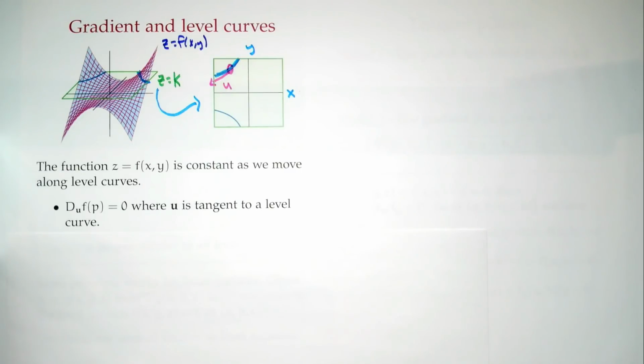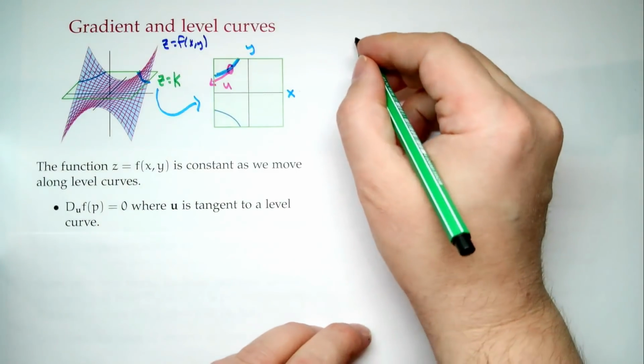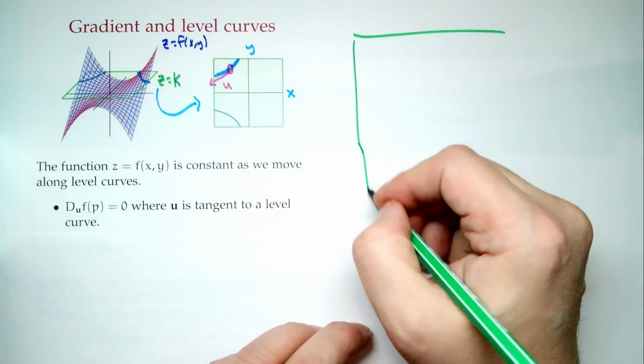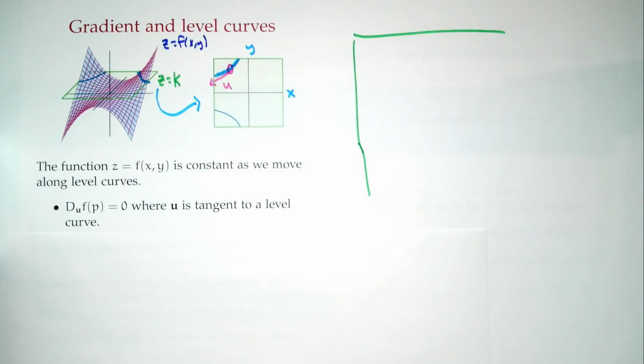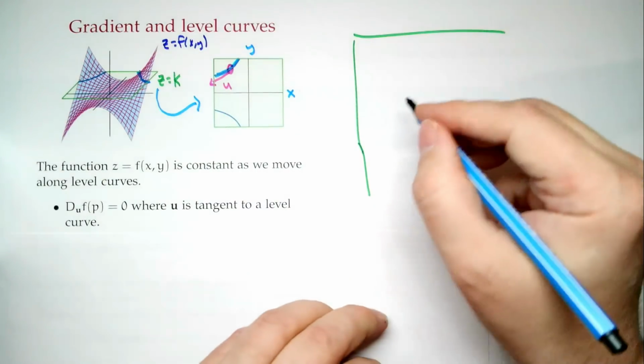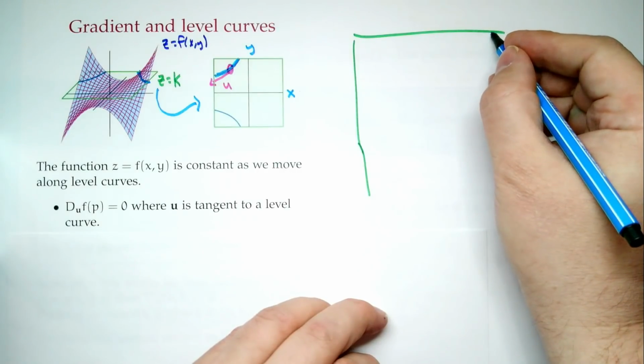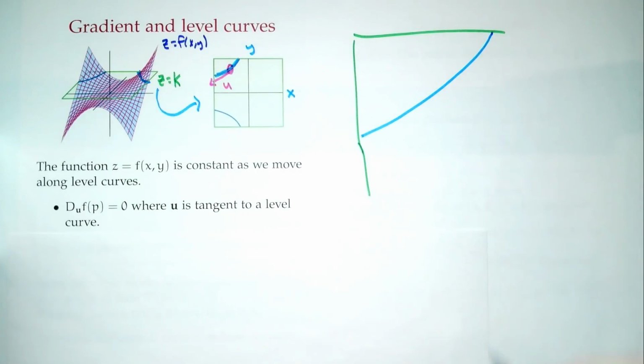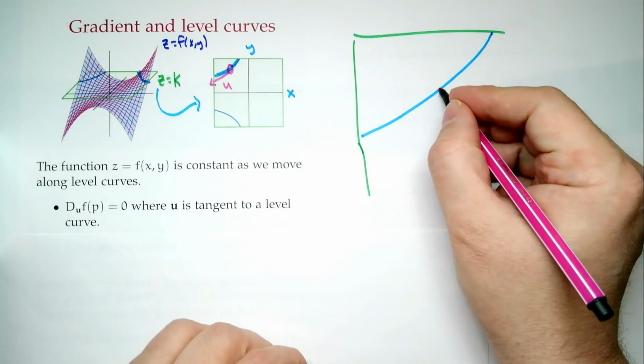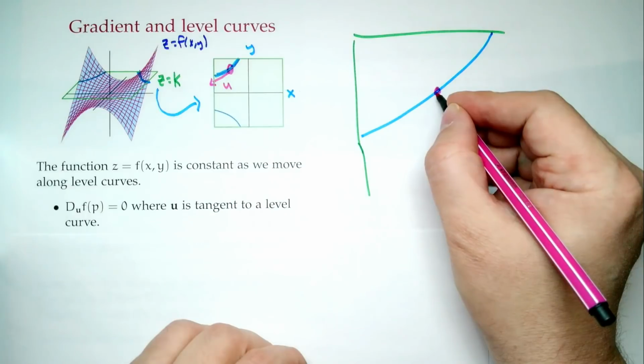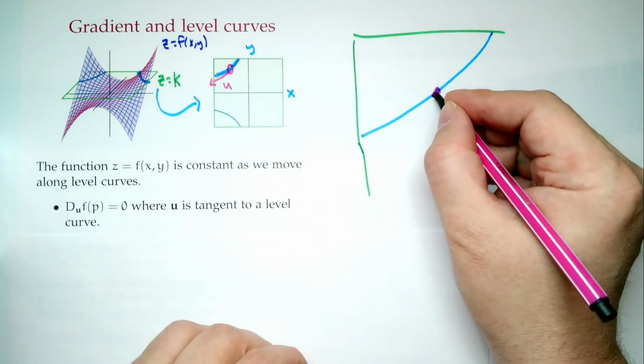Well, why is that? You should do what we almost always do, which is pull out your magnifying glass. What you'll see here is that we have this curve. And when I'm talking about the directional derivative, I'm at this point and I'm moving just ever so slightly.